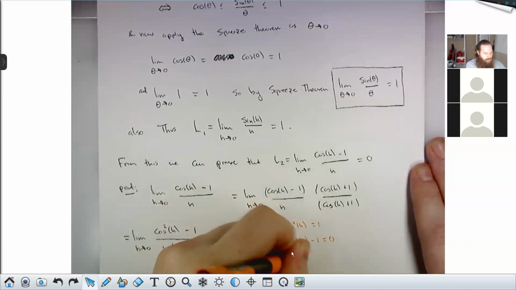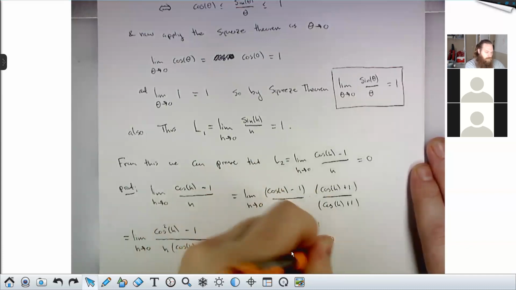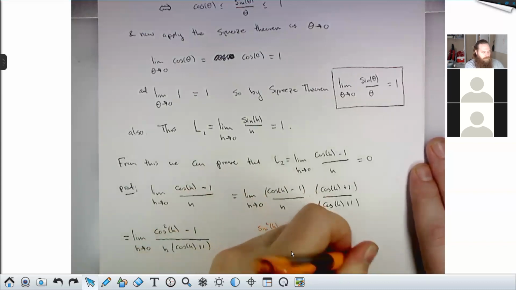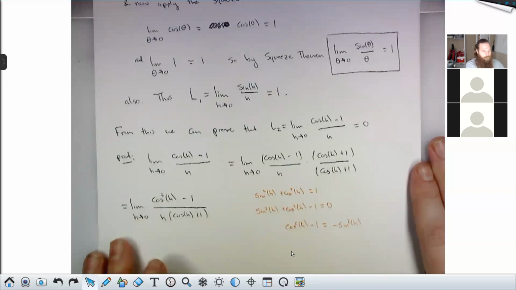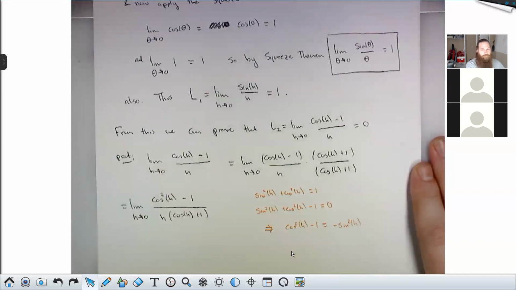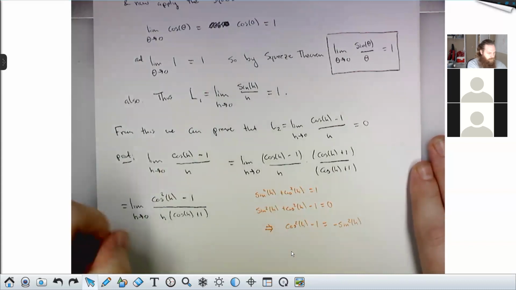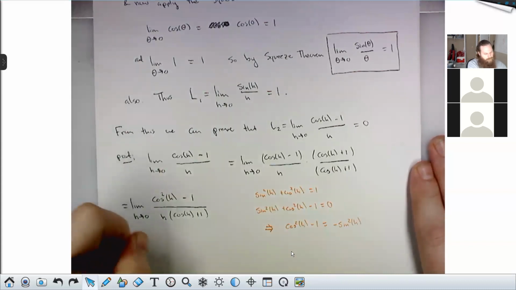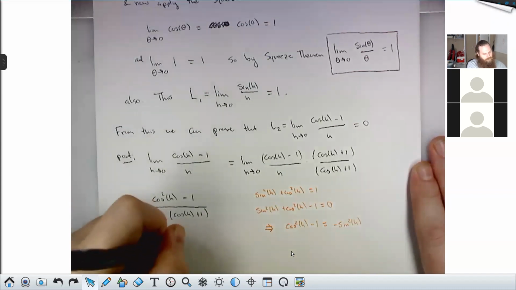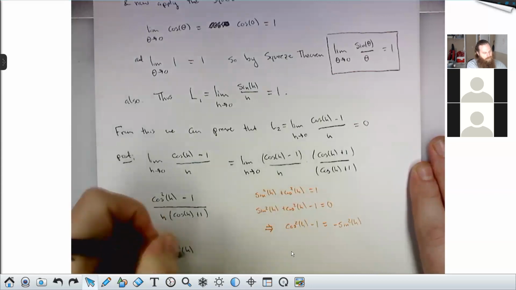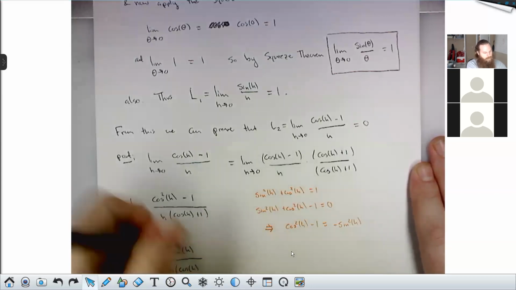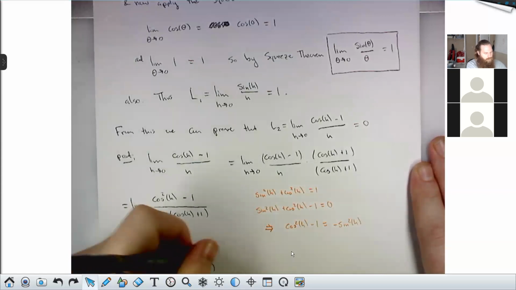I'll get cos squared h minus 1 equals negative sine squared h. So this piece over here can be rewritten as the limit as h goes to 0 of negative sine squared h over h times cos h plus 1.